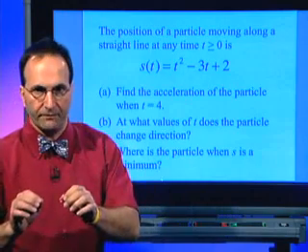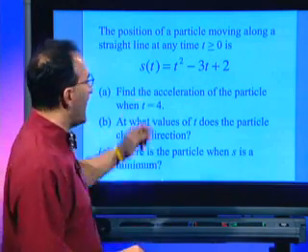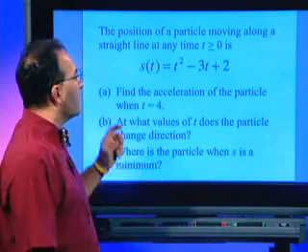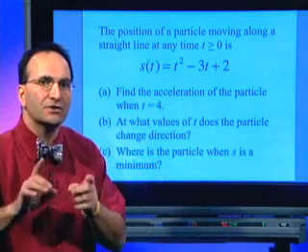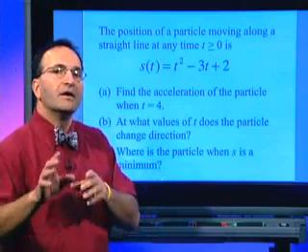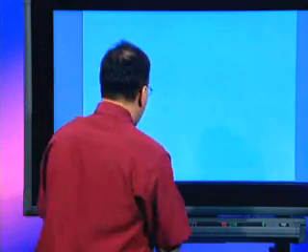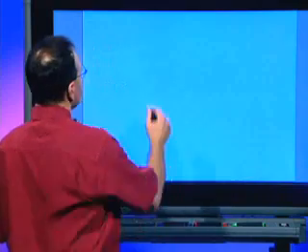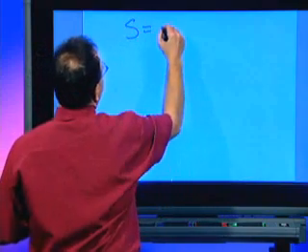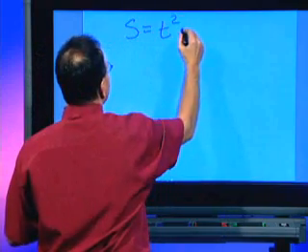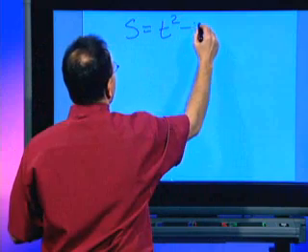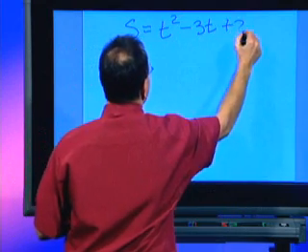Well, all of these involve the derivative. So starting with A, finding the acceleration, we need to find the second derivative of the displacement s of t. So we know that s is equal to t squared minus 3t plus 2.